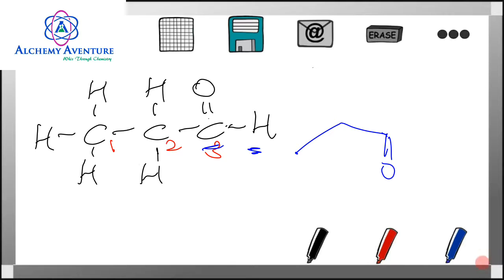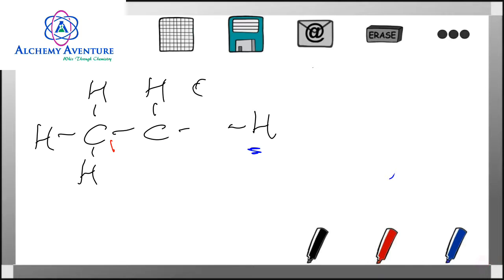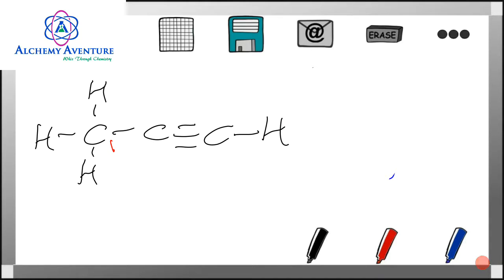That's all. Let's look at another example which involves a triple bond. I'll use an alkyne as an example. Let me erase this. Okay, let's change it to CH3.